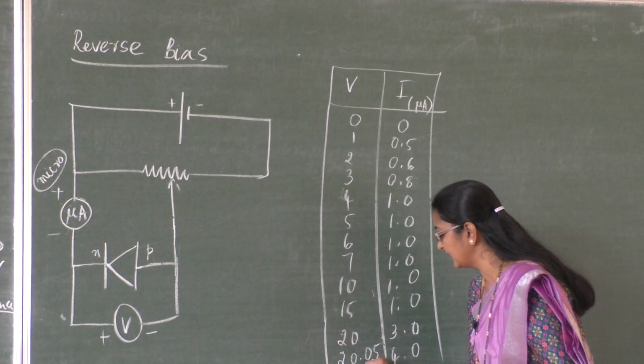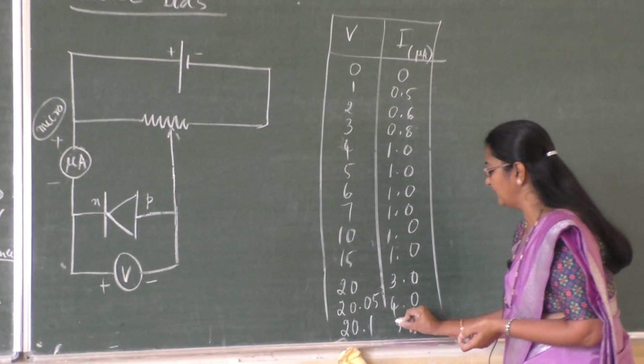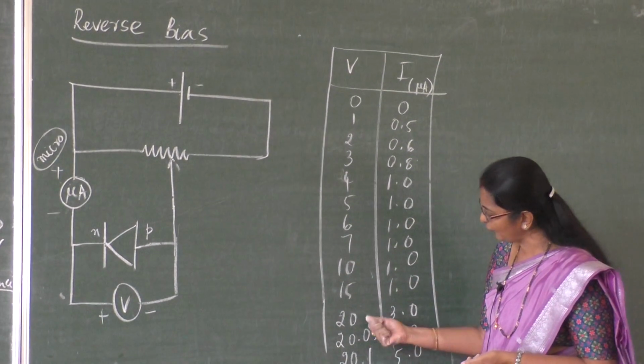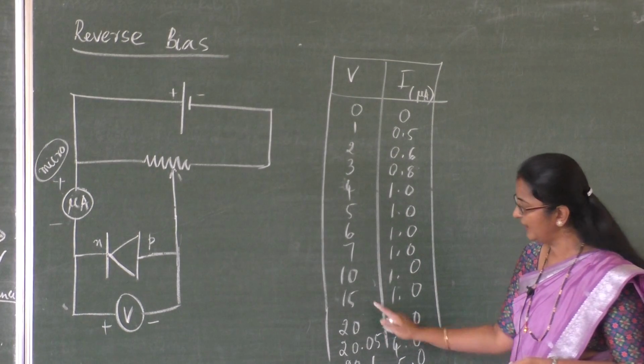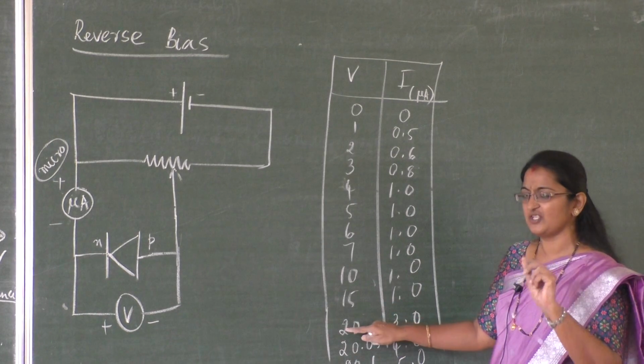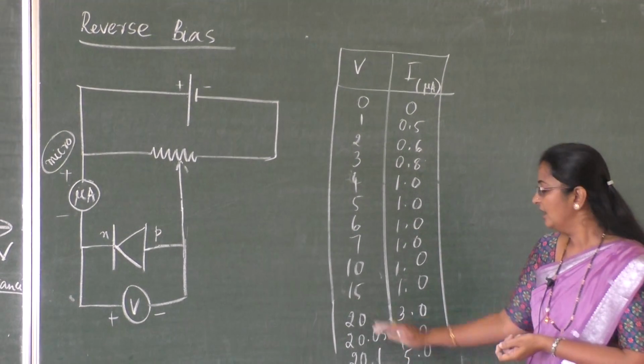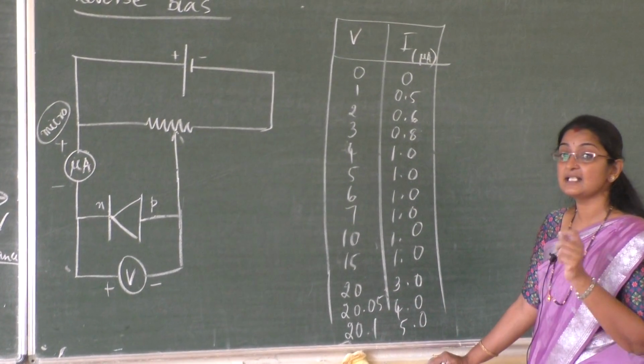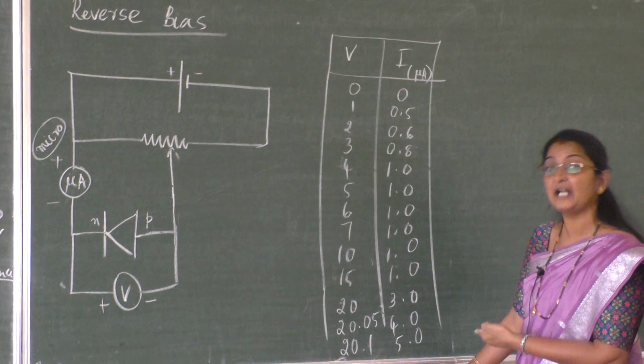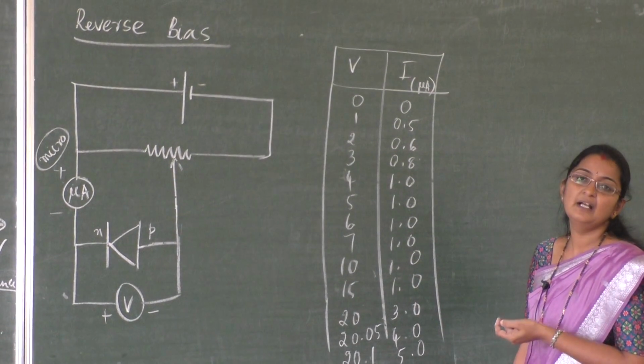If I apply 20.1, it will be 5. Like that, even for a slight increase in the voltage, 20.05 is nearly 20, a small increment, the current increases suddenly.